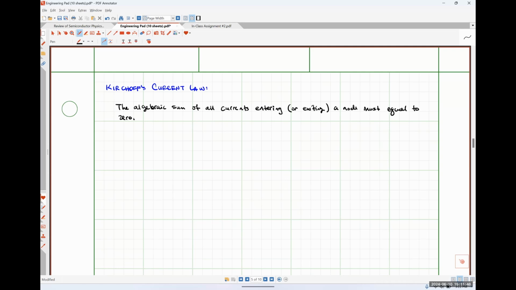But before we do that, I want us to think about what this means contextually, okay? So in our last class meeting, we learned that current is nothing more than the rate at which charges pass a given point in a circuit, okay? So pass a particular node, pass through a certain circuit element, it's all the same to me, okay?